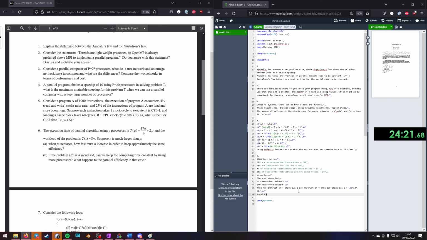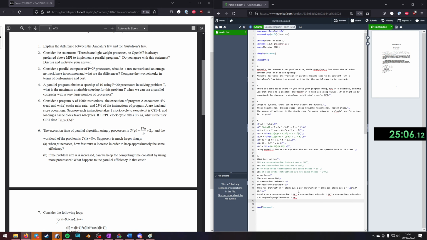Total time is 750 non-read-write times TPI, plus read-write cache hits times TPI, plus read-write cache misses times miss penalty cycle amount times TPI.